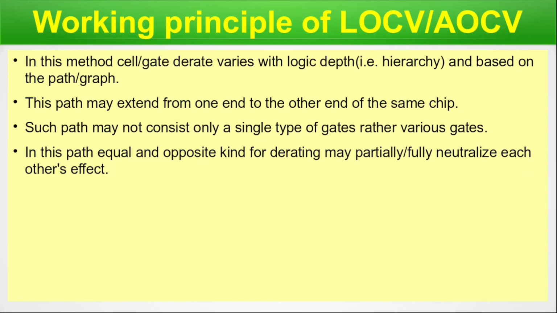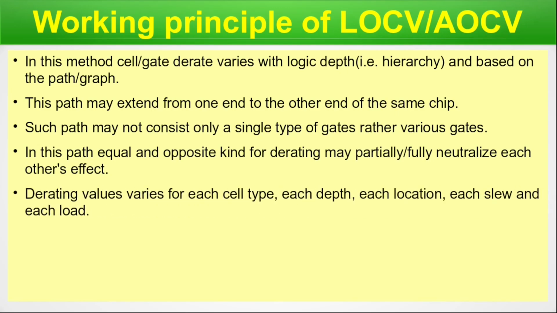In practice, it may happen, it may not happen. There is every type of possibility. Derating values vary for each cell type, each depth, each location, each slew, and each load. You can understand the derating values are also dependent upon various factors such as cell type, depth, location, slew, and load.